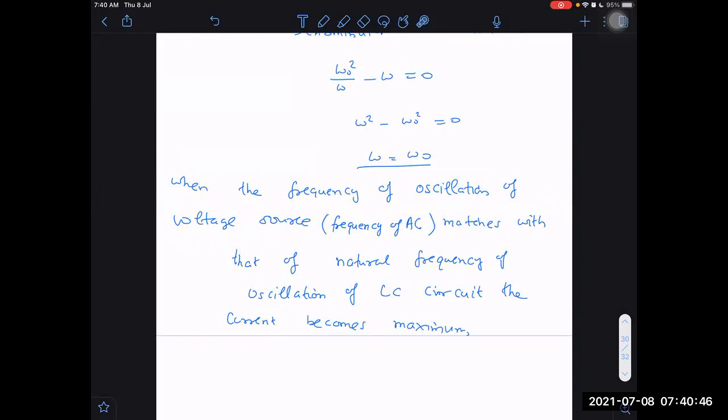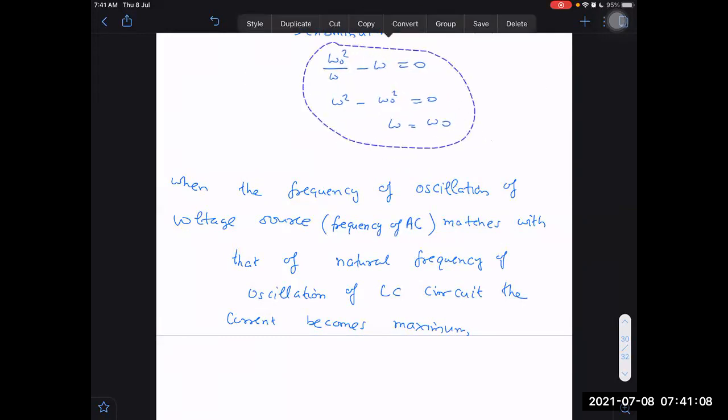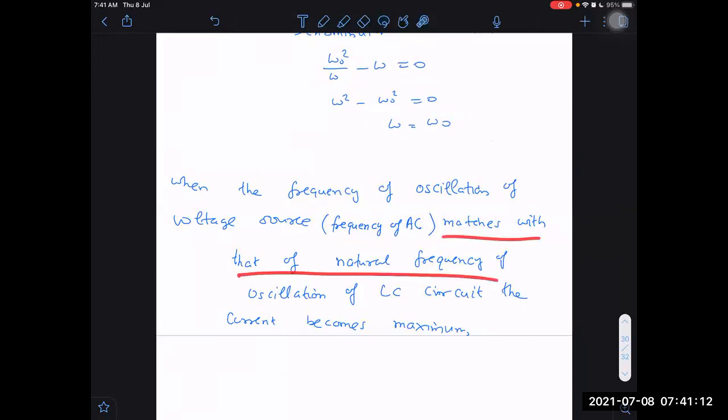For example, in our homes in India, we have 50 hertz frequency. The voltage supply which we get in our houses is of 50 hertz frequency. So it matches the natural frequency of oscillation of the LC circuit, and then the current becomes maximum.